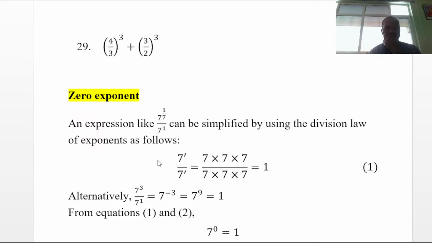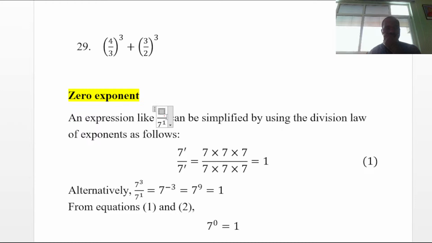In this expression here, this is meant to be 7 power 1, an apology for the misunderstanding.